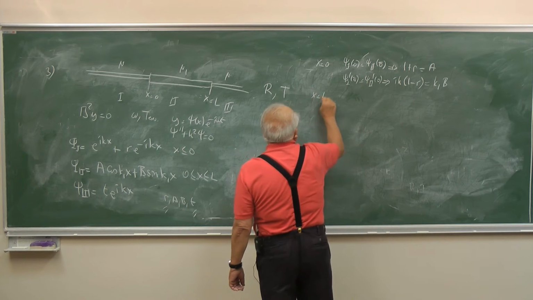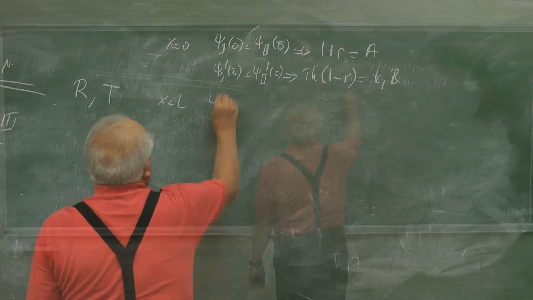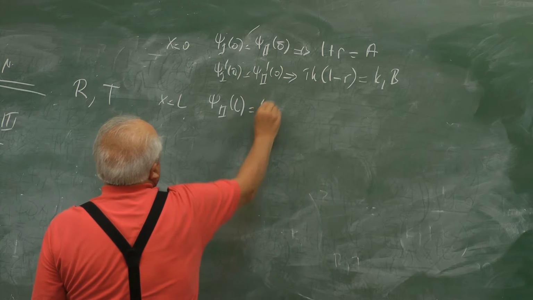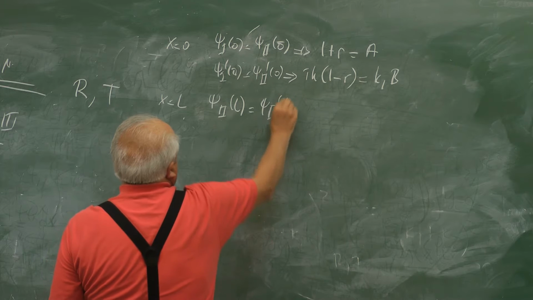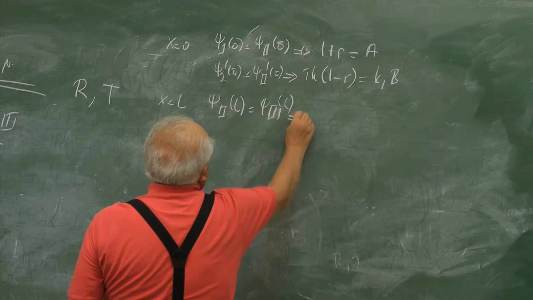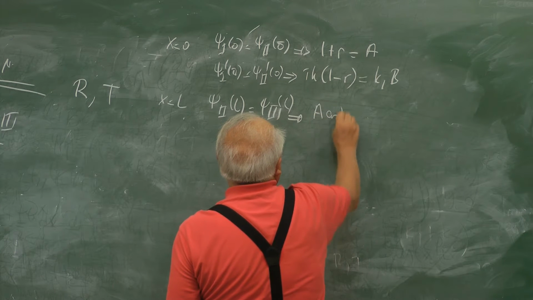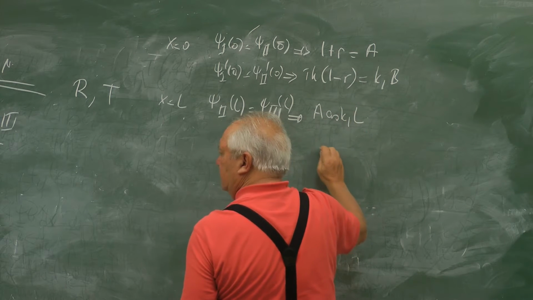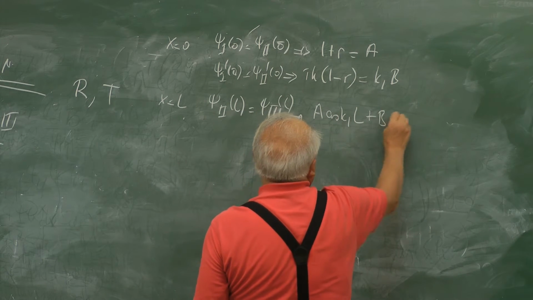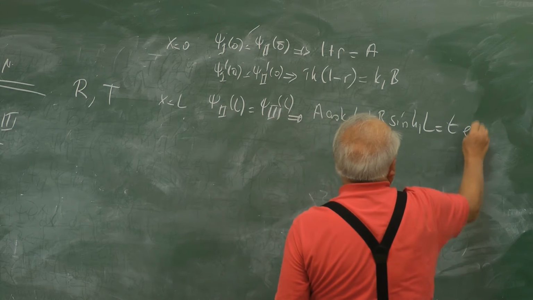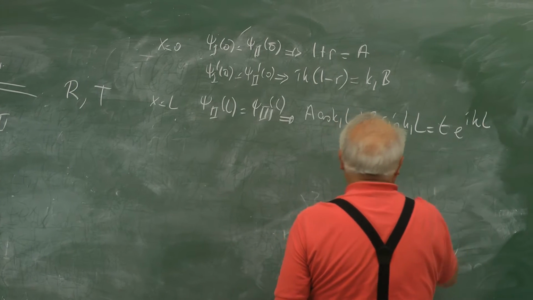At x equals L, psi 2 of L is equal to psi 3 of L. This gives me a cosine k1L plus b sine k1L, that's equal to t e to the ikL.